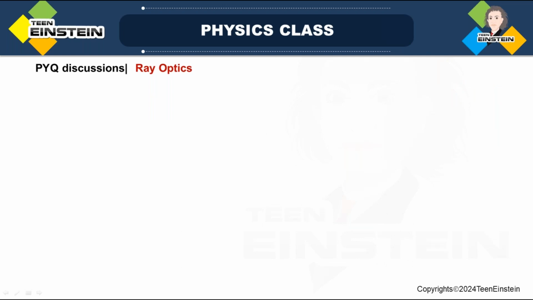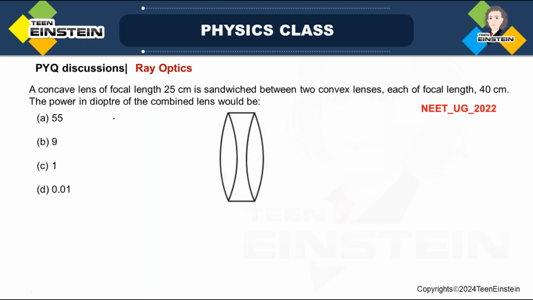This is also a very interesting problem and very similar to the one which we have done. A concave lens of focal length 25 centimeter is sandwiched between two convex lenses, each of focal length 40 centimeter.